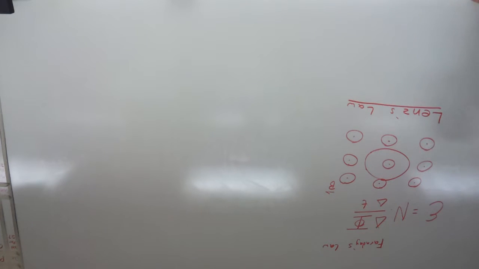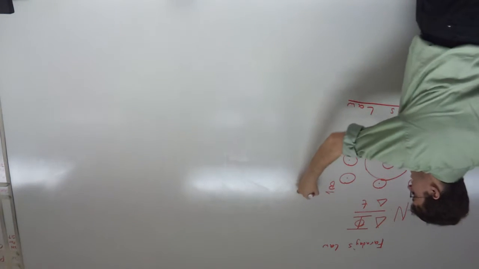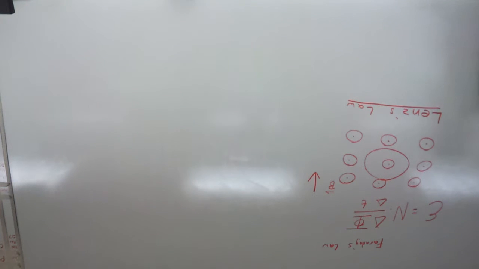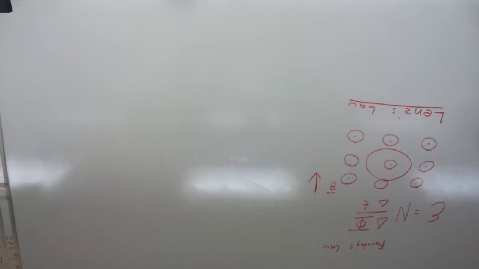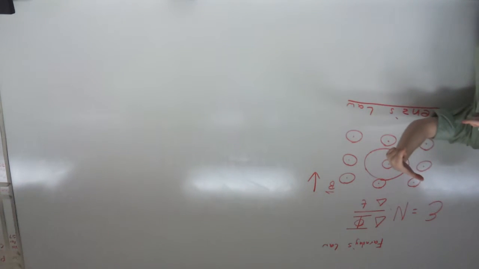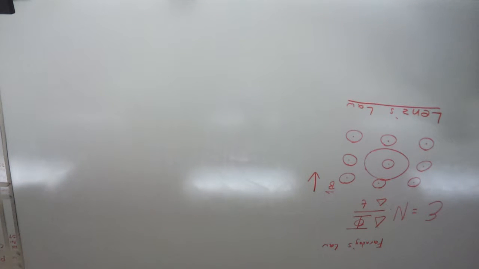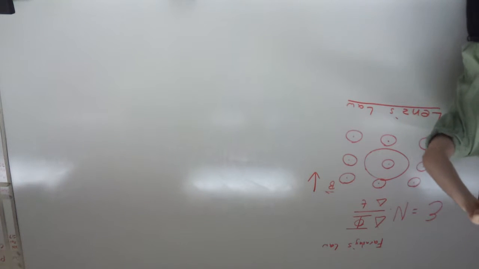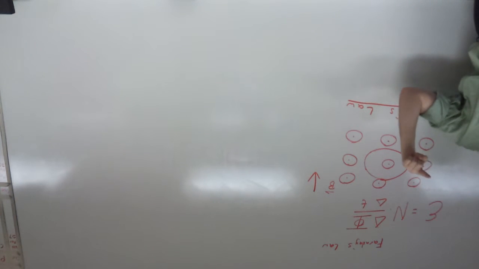So, let's say this B field is decreasing. I've got this loop of wire here, and there's this really strong magnetic field going out of the board. But it's decreasing. Somebody's turned off my magnet. So it's decreasing, decreasing, decreasing, decreasing.